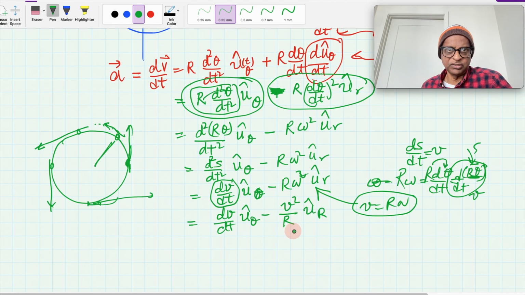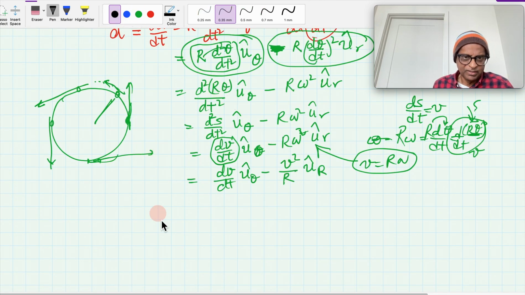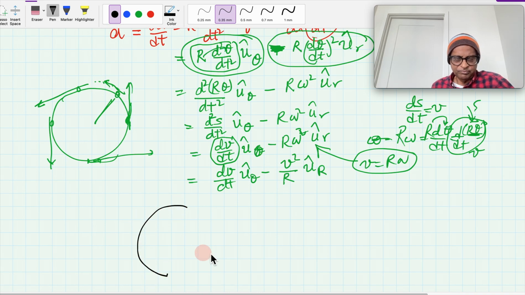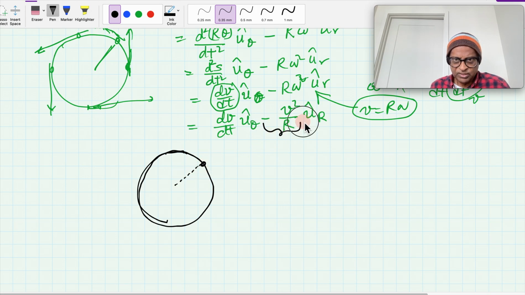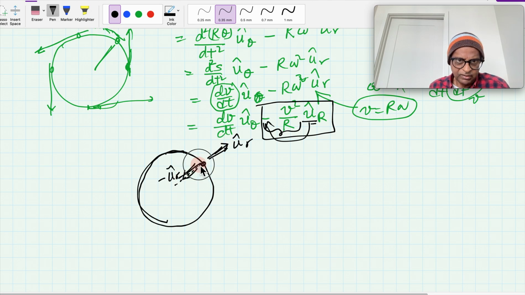Now let's draw pictures of what this vector will be. I'm over here. V square over r is pointed in the negative u hat r direction. So u hat r direction is that way, minus u hat r is in that direction, and so this much is in that direction, towards the center.